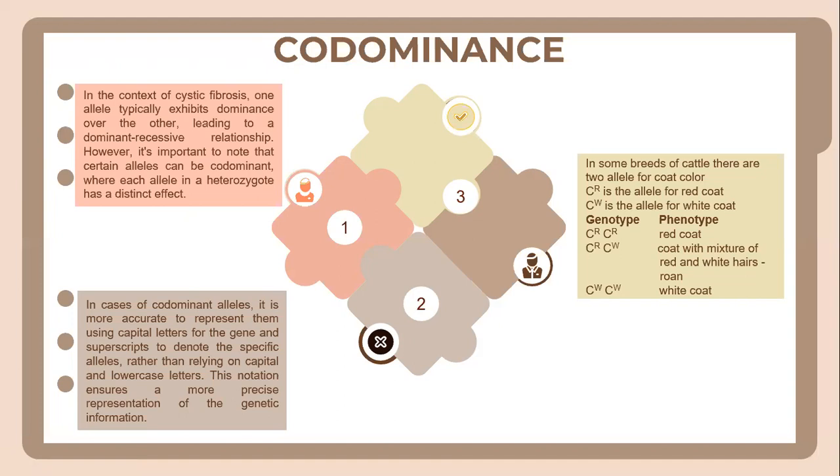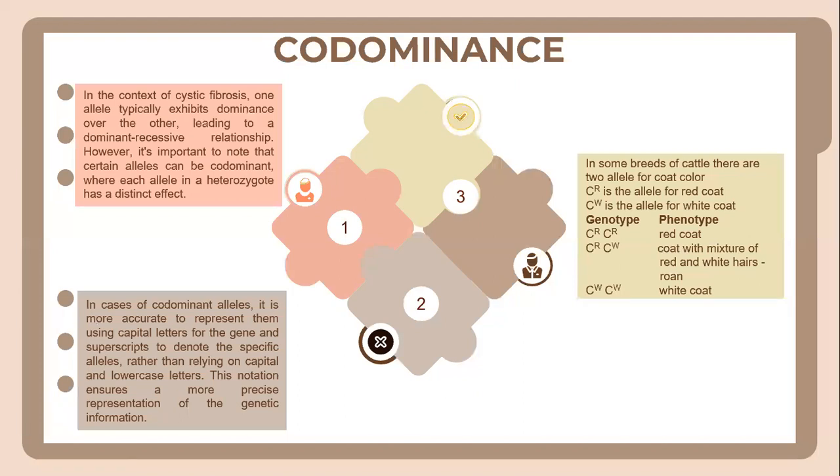In cases of codominant alleles, it is more accurate to represent them using a capital letter for the gene and superscripts to denote the specific alleles, rather than relying on capital and lowercase letters. This notation ensures a more precise representation of the genetic information.